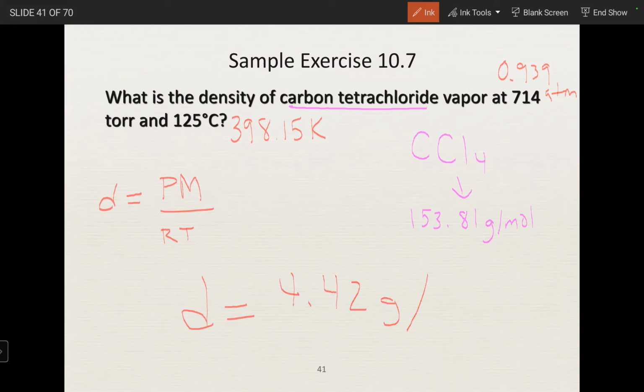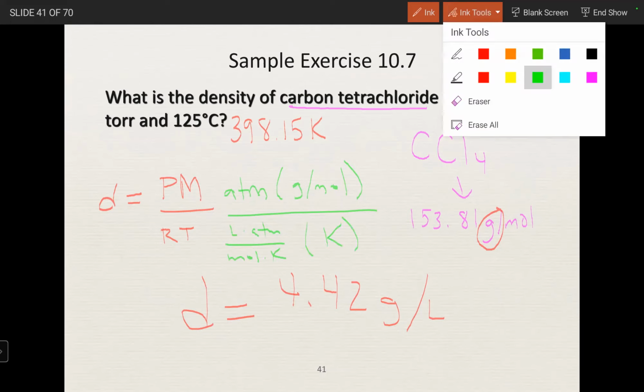And then again, it's going to be grams per liter because that's the unit we had on our molar mass. So if we think about the units for a second, on top we'll have atmosphere and then grams per mole. On the bottom, we'll have liter atmosphere over mole Kelvin. And then we'll have Kelvin.